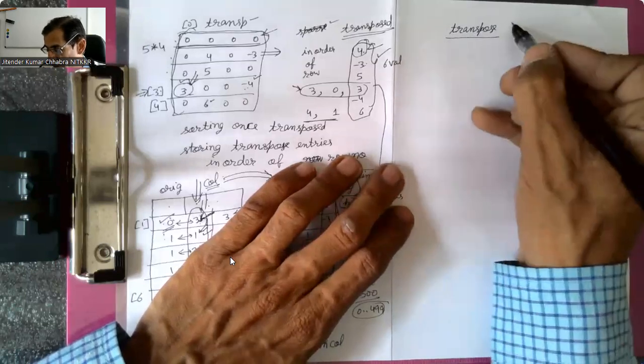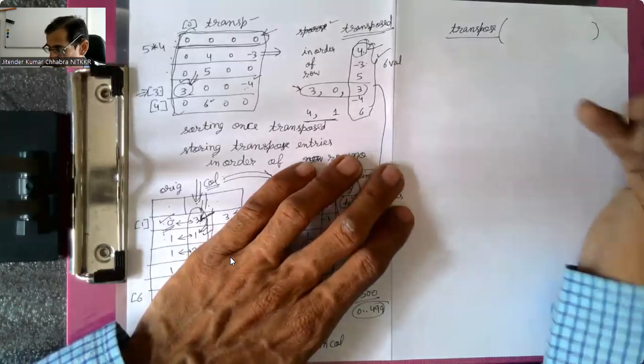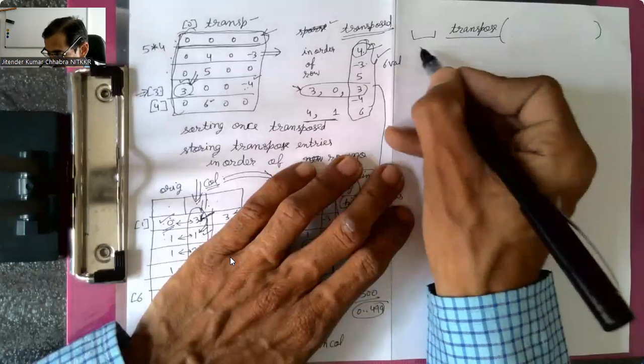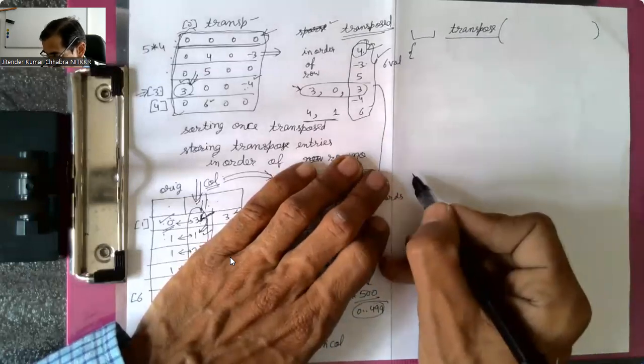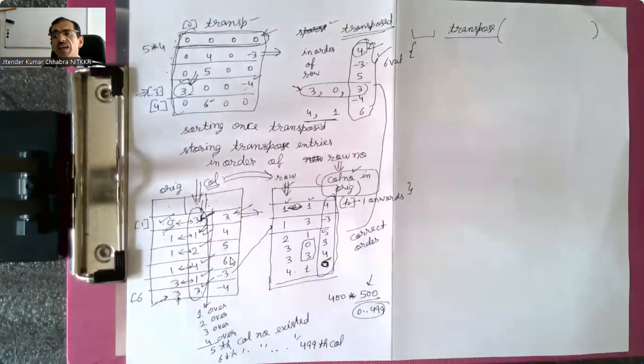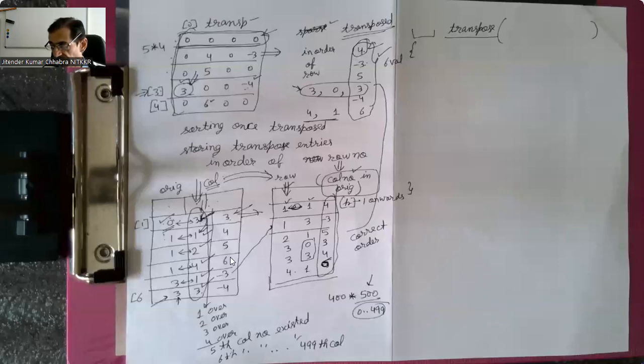If it is a module, decide what the parameters should be, what the return type should be, and write the code. Give a pause here and try that. Once you have done that, you can resume the video. I'm giving a few seconds of pause and then I will explain what logic you should have made.